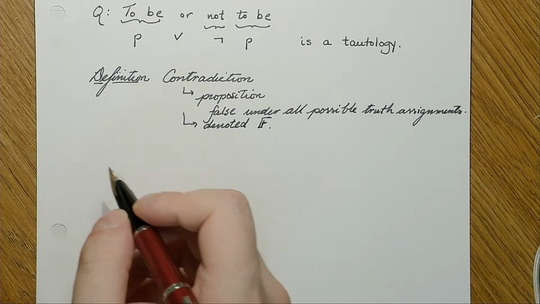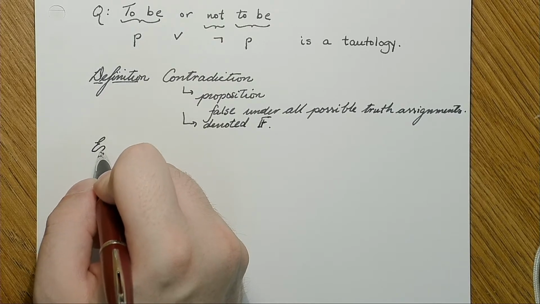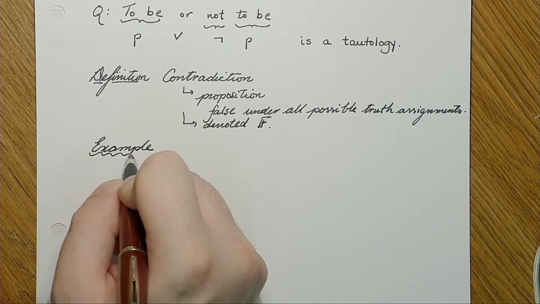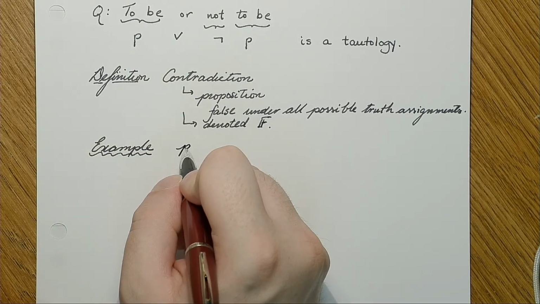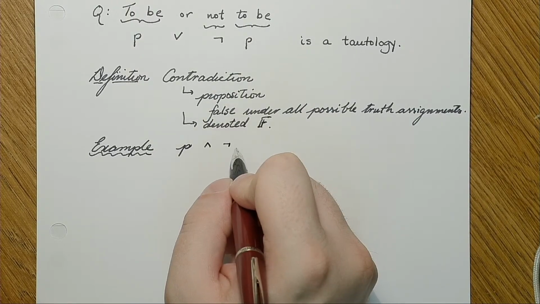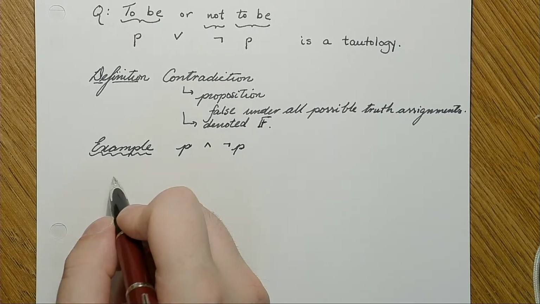And so I can do my example. This one would be to be and not to be.